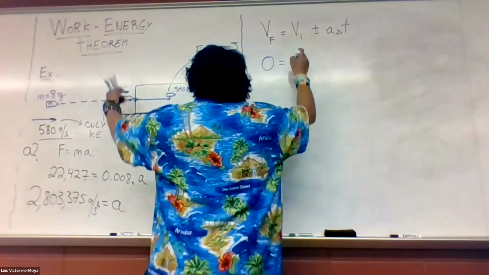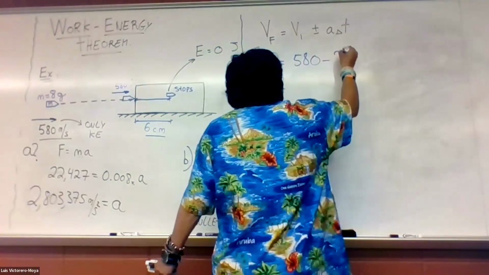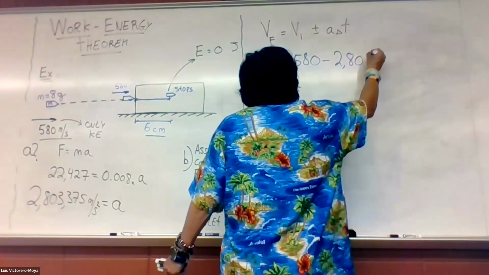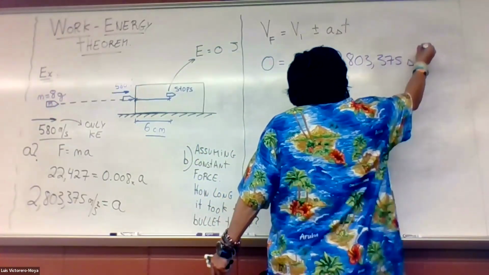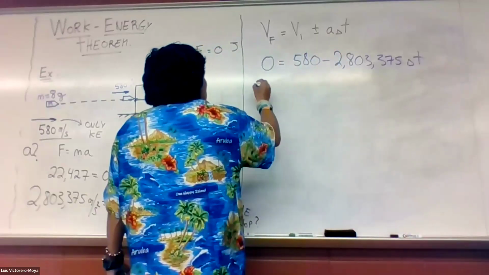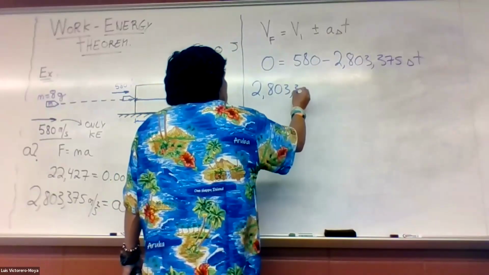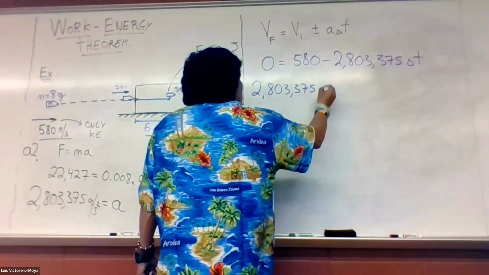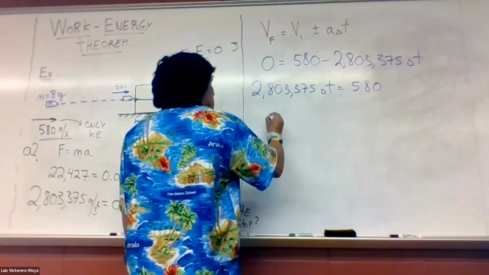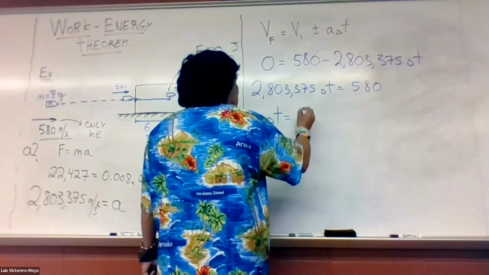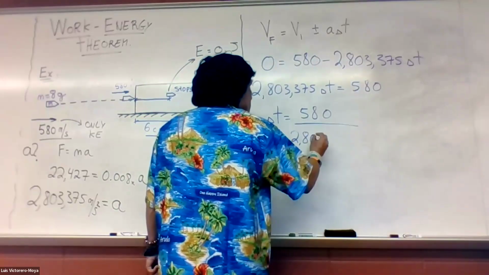V initial is 580 minus that acceleration times delta T. So I get time is 580 over 2 million.